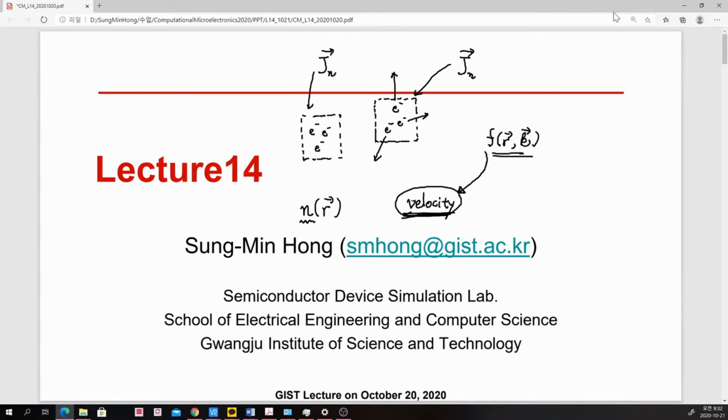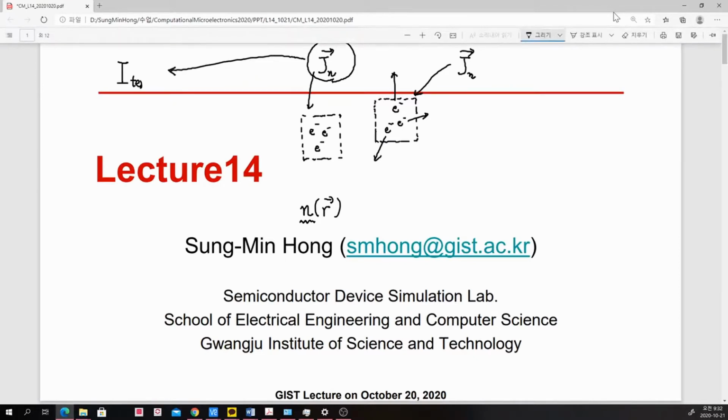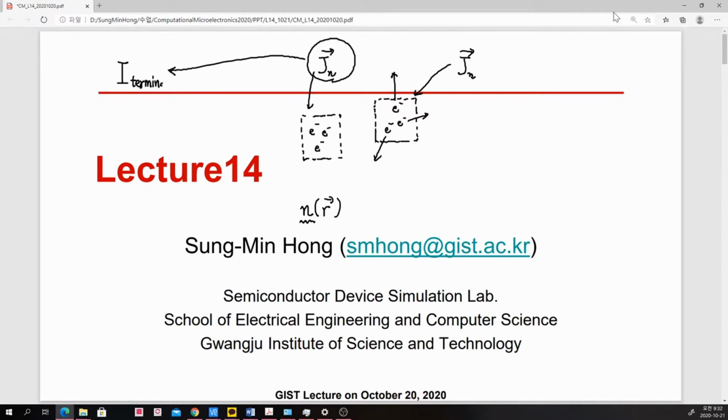What we want to do eventually is just to calculate the electron current density, because electron current density is used to calculate the terminal current, and this calculation of terminal current is our most concern.